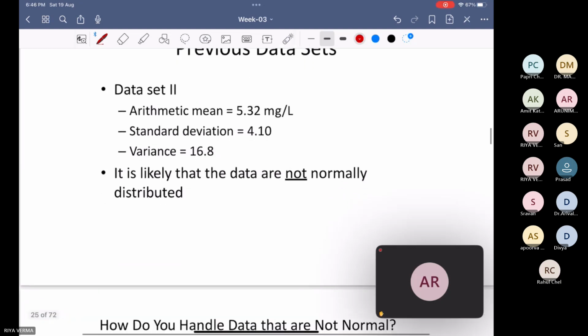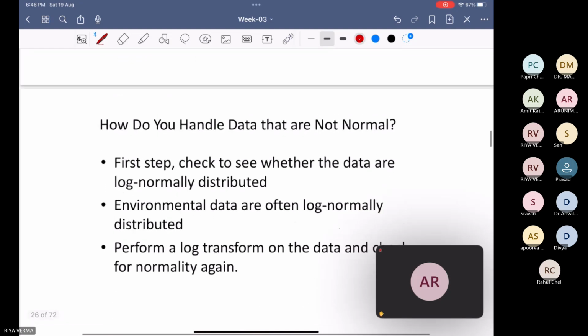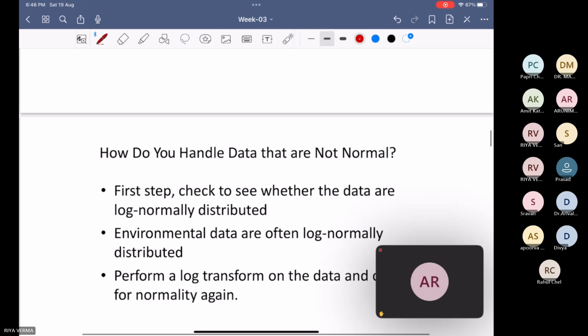Okay, second set हमने देख लिया data was not normally distributed. तो अभी जो second data set था, the data was not normally distributed, it was log normal. तो अभी उस डेटा को हम कैसे हैंडल करेंगे जो कि नॉर्मल डिस्ट्रीब्यूशन को फॉलो नहीं कर रहा है.